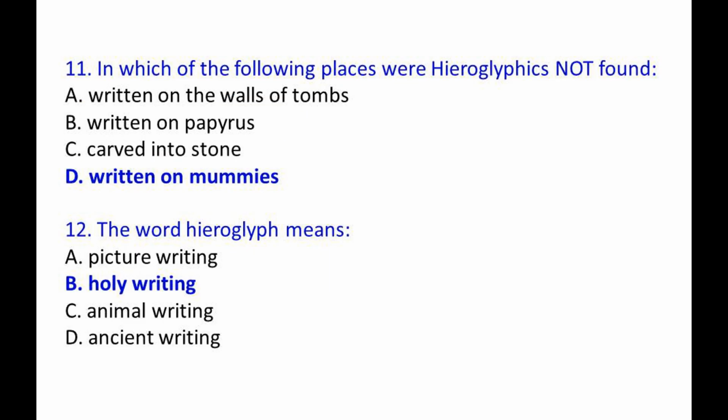In which of the following places were hieroglyphics not found? A. Written on the walls of tombs. B. Written on papyrus. C. Carved into stone. D. Written on mummies. Correct answer is D. Written on mummies.